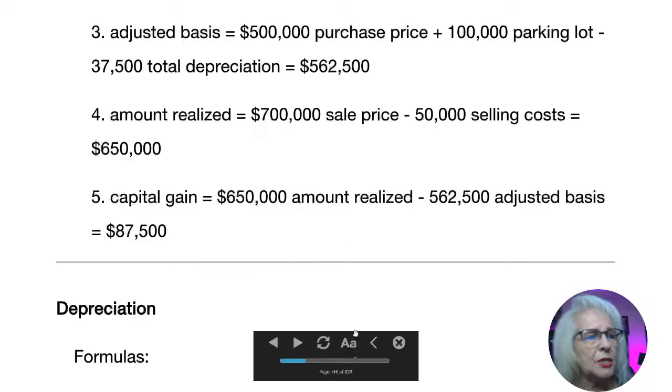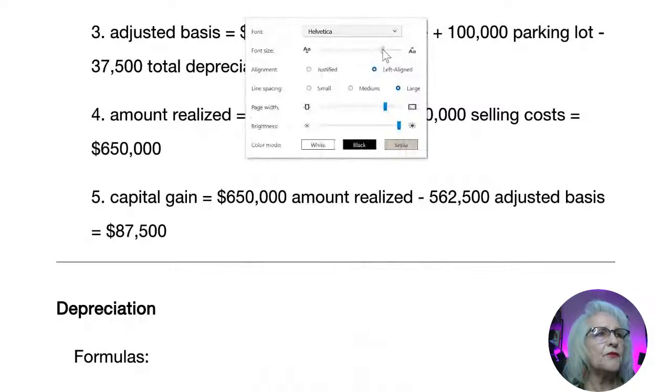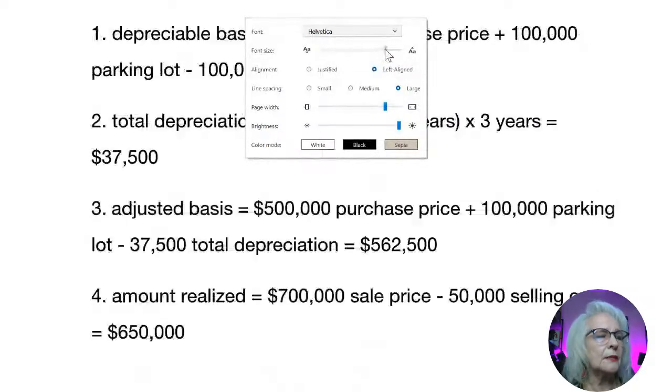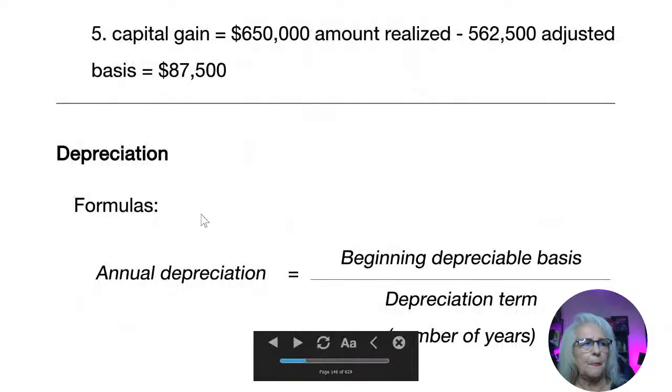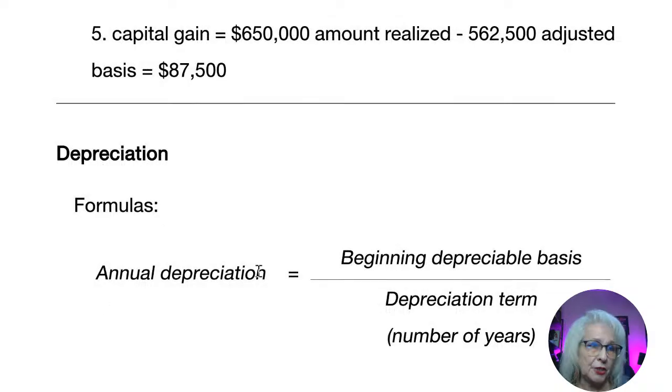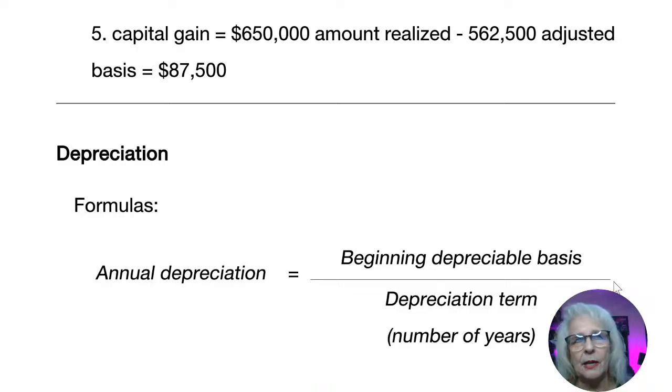Okay, depreciation formulas. Annual depreciation equals beginning depreciable basis divided by depreciation term, the number of years. Yesterday I mentioned that some of my rentals got depreciated for 27 years.